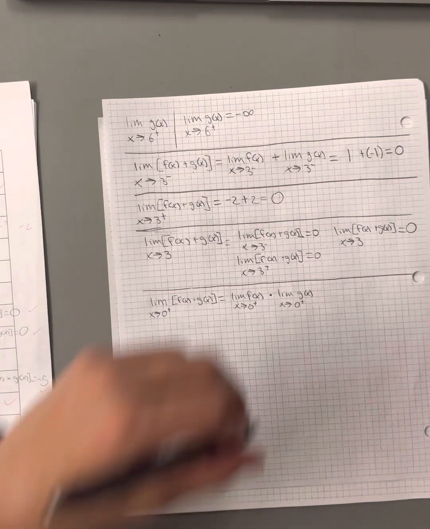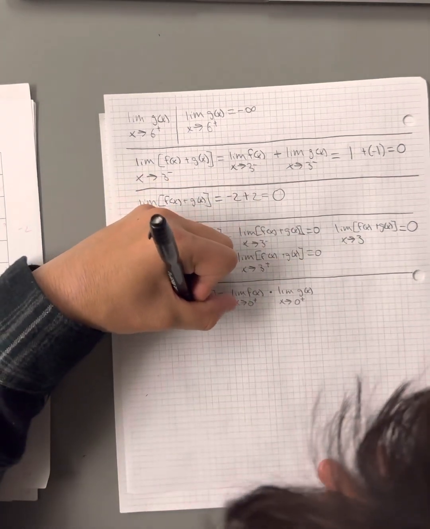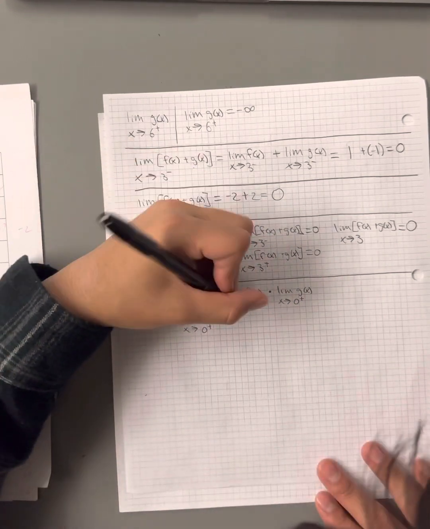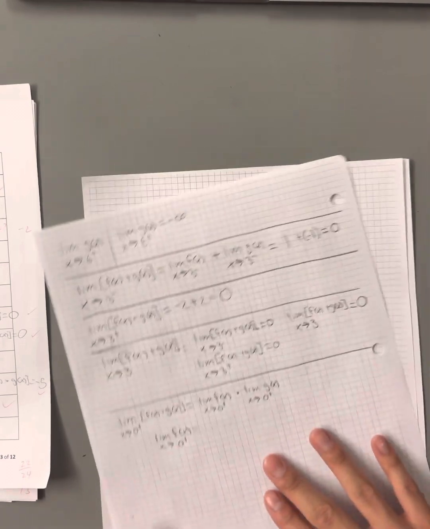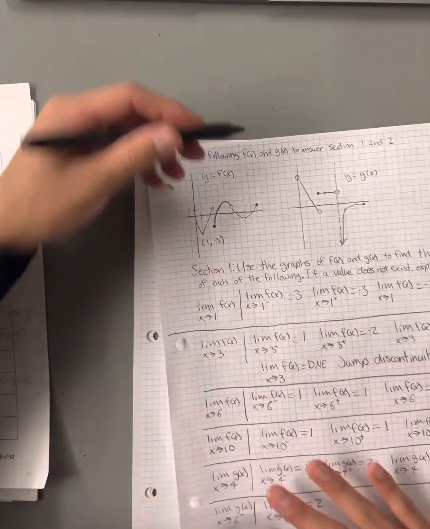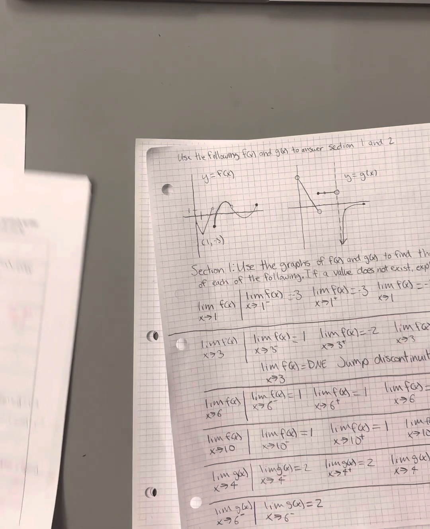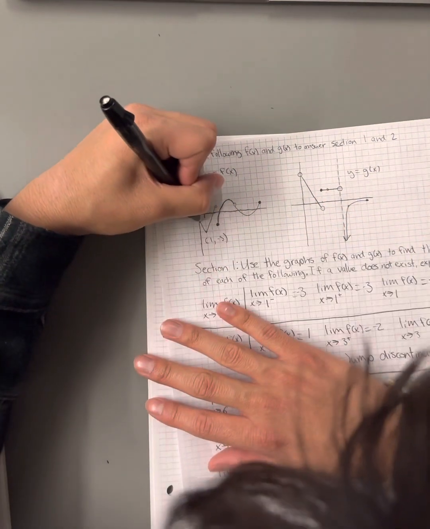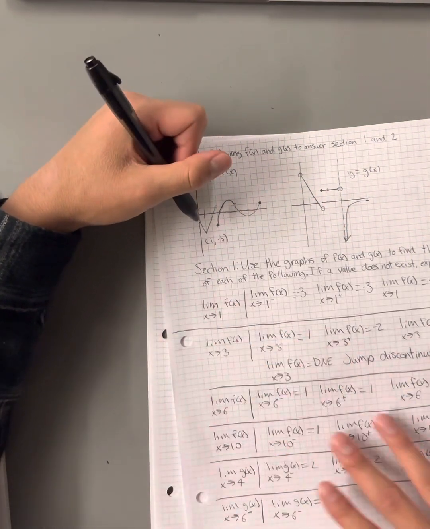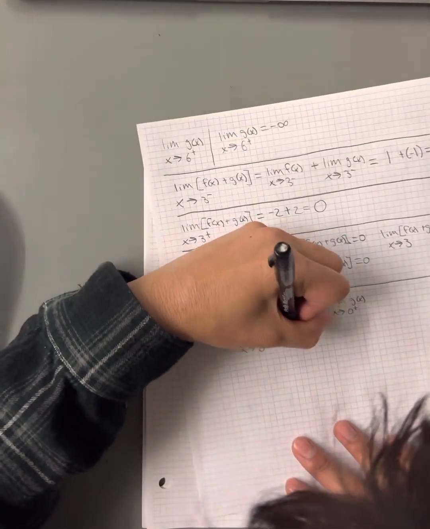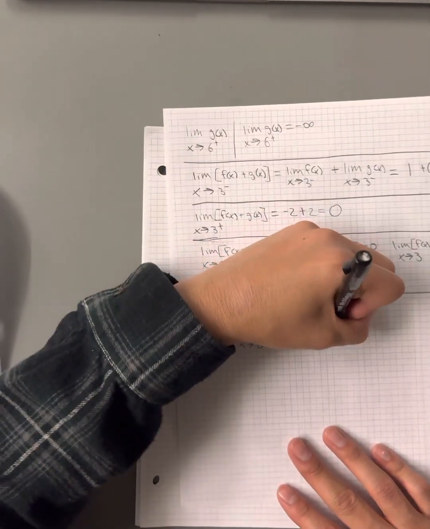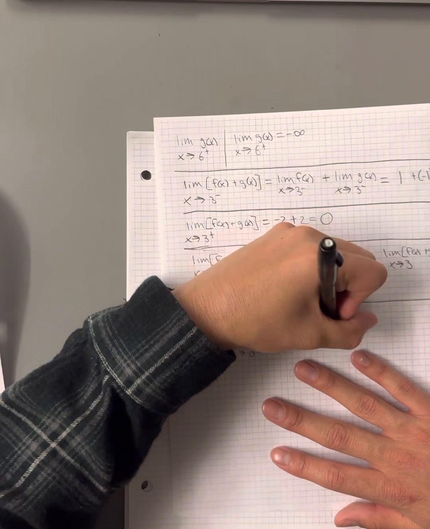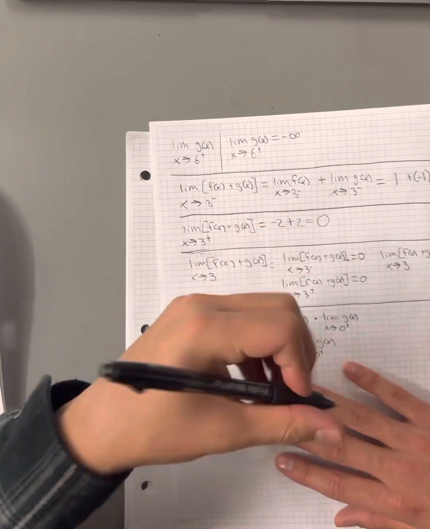So let's find our values. Let's find our limit of f of x as x approaches 0 from the right first. So f of x approaching from the right, as you can see, looking at it from the right, it is approaching -1. So the limit is -1. Now let's look at the limit of g of x as x approaches 0 from the right.